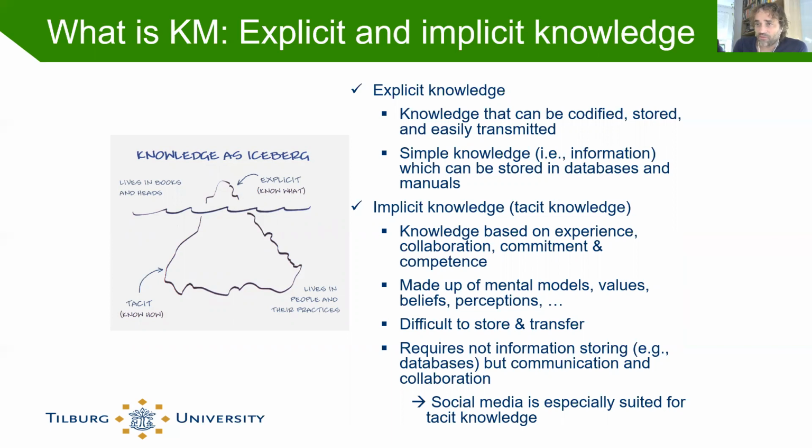It's already difficult to manage implicit knowledge and to make sure that everyone knows everything they need to know in an organization. And you can imagine that in a virtual team this is even more difficult, because people work independent of place and time, and may even work for different organizations. So that's why organizations also use social media in order to manage knowledge if people work in more or less virtual teams.